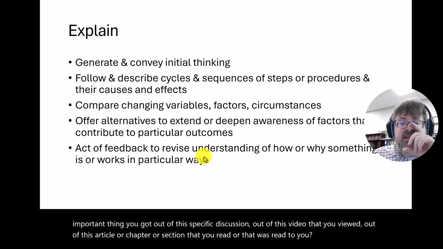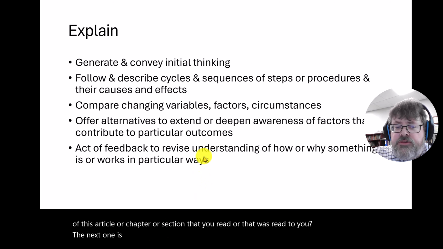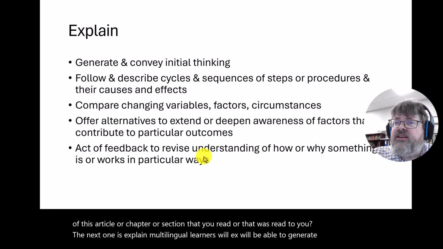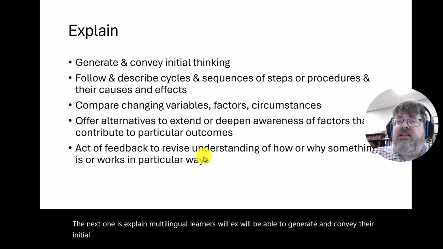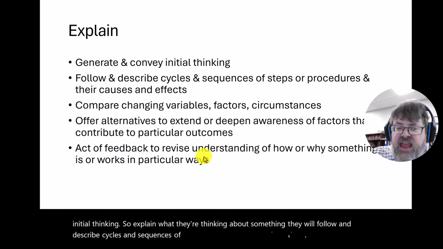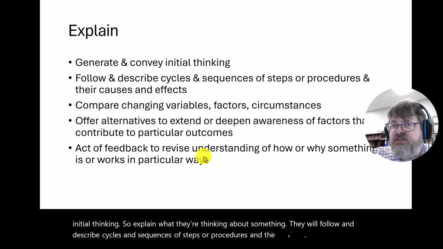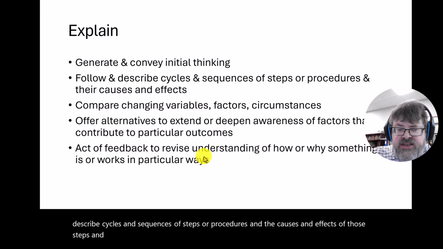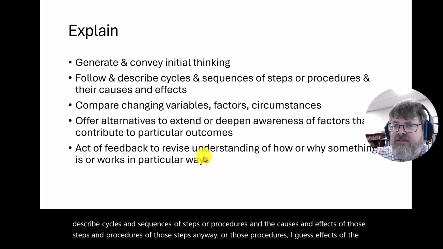The next one is explain. Multilingual learners will be able to generate and convey their initial thinking, so explain what they're thinking about something. They will follow and describe cycles and sequences of steps or procedures and the causes and effects of those steps or procedures.